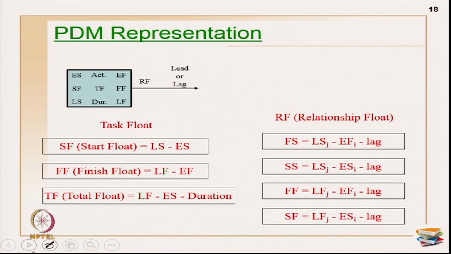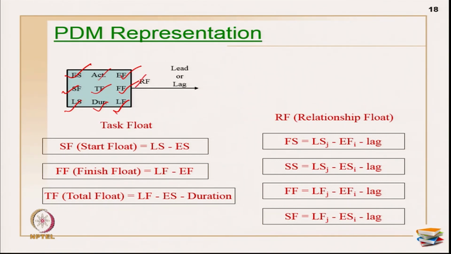Now, let us start with the representations. How do I represent? Divide the box into 9 zones. This is my activity, this is my duration, this is the early start of the activity, early finish of the activity, this is the late start, this is the late finish, start float is written here, the finish float is written here, total float of the activity is written here.